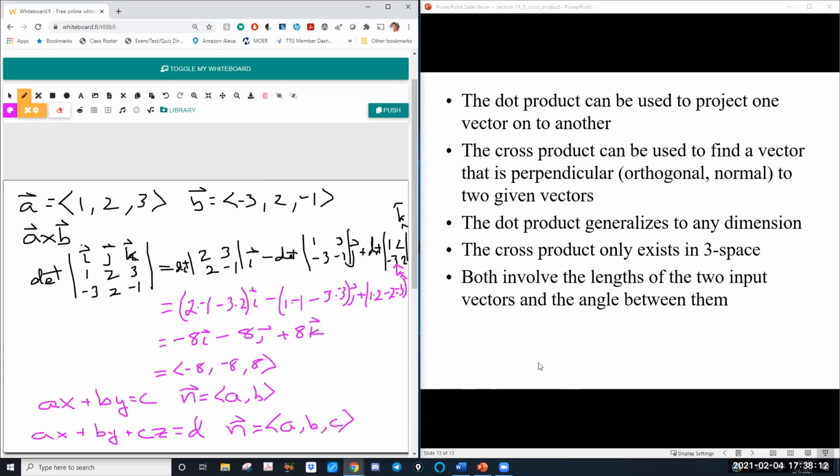Both the geometric definitions involve the magnitude of the two vectors and the angle between them. With the dot product, it was cosine. With the cross product, it's sine. And that's why we get 0 for perpendicular with the dot product and a maximum for the cross product at perpendicular, because cosine of 90 degrees is 0, and sine of 90 degrees is 1, the maximum sine can be.